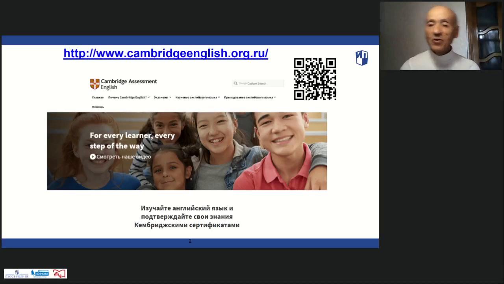It will give you, or the parents or school students, primary and secondary school, the necessary idea of what the Cambridge exams are about and which is the best way of training learners towards this exam. Also, I'm using the QR quick response codes that can take you right away to the necessary sites.